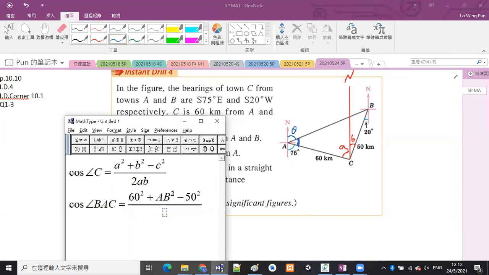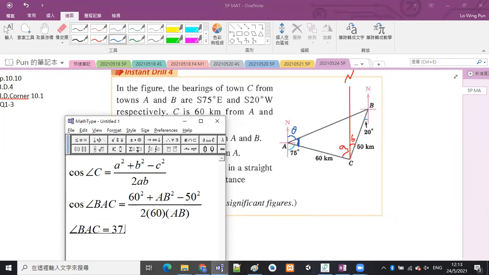And then I'm going to use memory A in my calculator, and divide by 2 times 60 times AB. I will use memory A, of course. So angle BAC will be, let's see, 60 squared plus memory A squared minus 50 squared, enter, divided by bracket 2 times 60 times memory A, and then shift cosine.